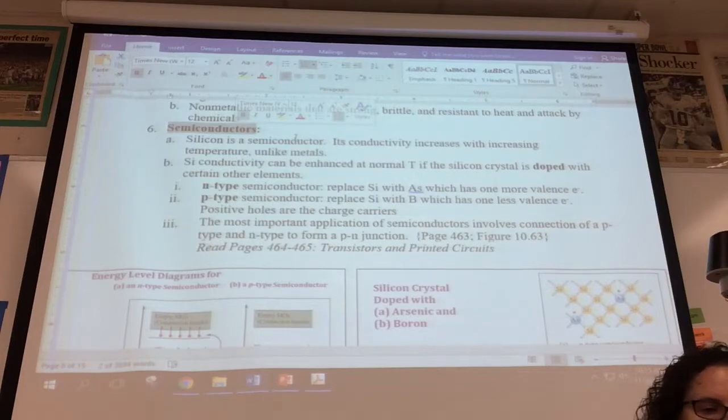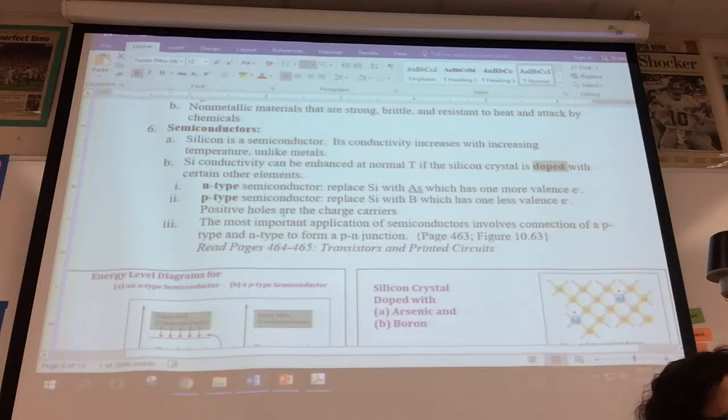But you can enhance conductivity of a metalloid by doping it. You dope it either by replacing the metalloid with an element that contains more valence electrons or with an element that contains fewer valence electrons. When you dope it with an element that contains more valence electrons, you get an N-type conductor, N for negative.